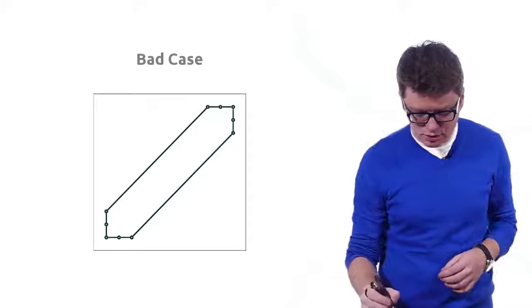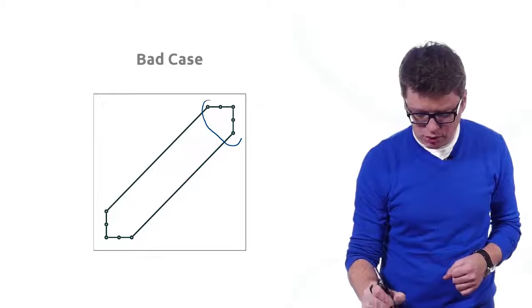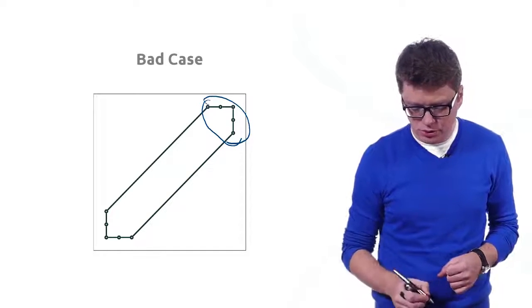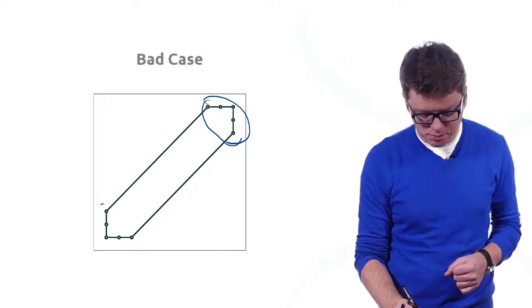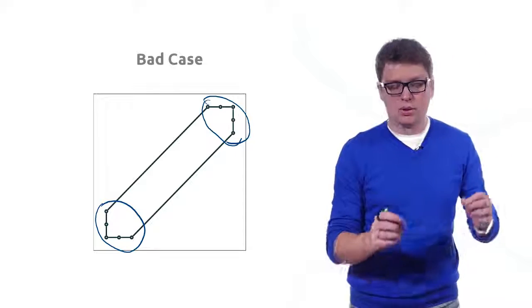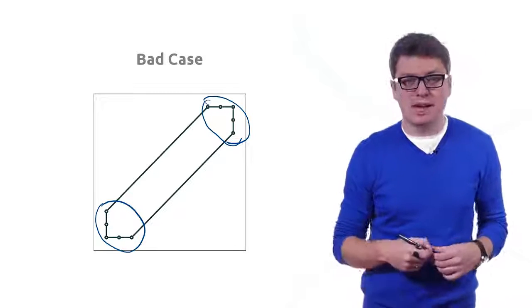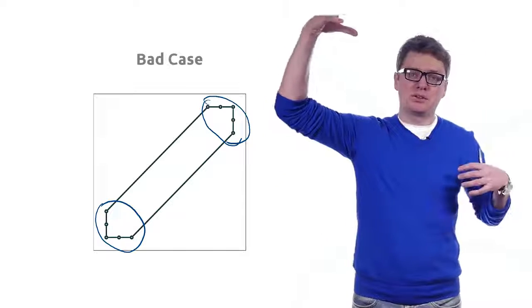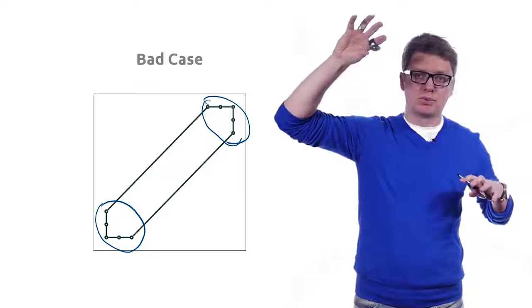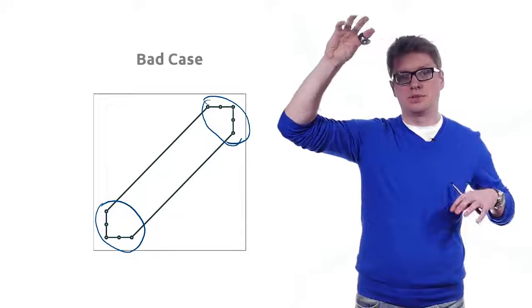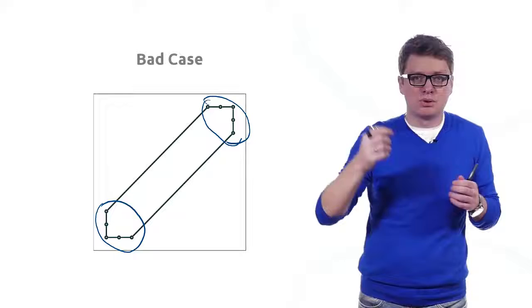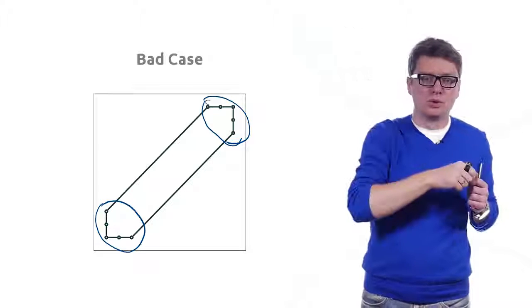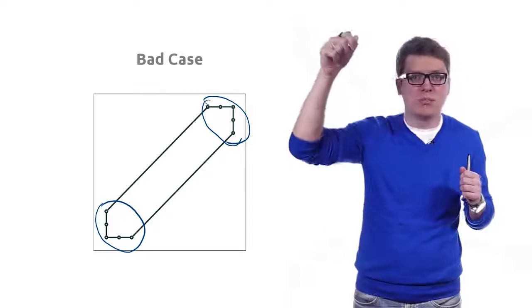So we first need to traverse all the nodes at this corner, then we go to the opposite corner and traverse all the nodes there, and then we go back. Namely, there are two groups of points at different corners, and it makes sense to go only once from one corner to the other and then to return back.